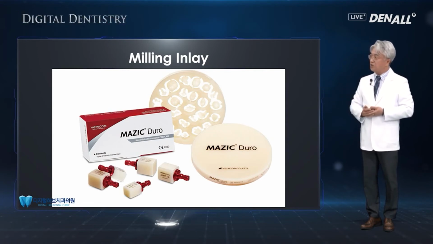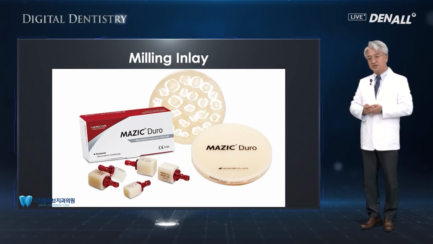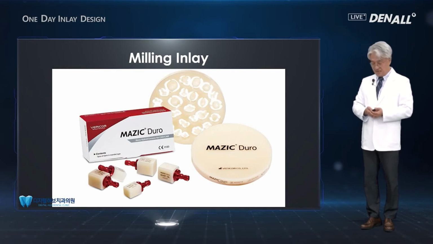This disc type is within one disc compared to block. You can have more inlays milled. So economically, it's very attractive. And this is hybrid type resin, and it's a very good material. And as inlay material, at our clinic, we use this quite a lot.